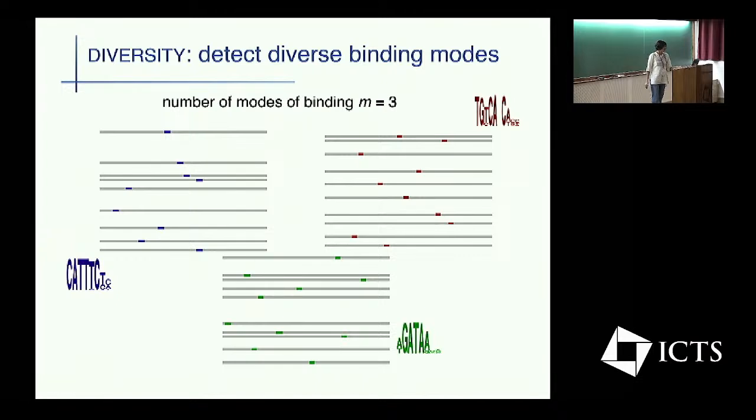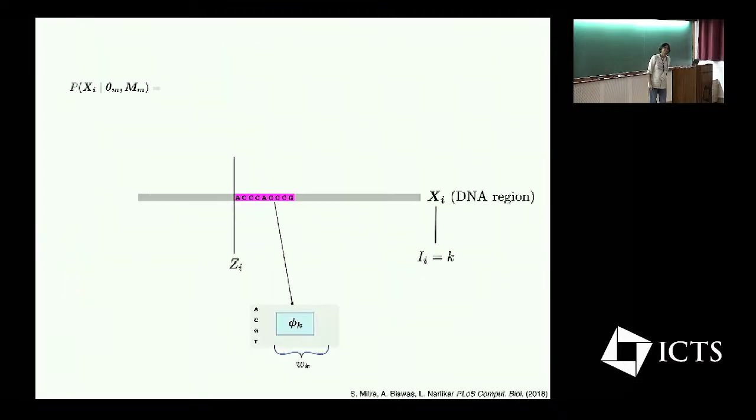Okay, so it's a little hard to imagine, but if you write it down in a probabilistic manner, it's fairly easy. So here you have your DNA sequence. This is the unknown piece, the little piece of binding site. This is the unknown location. This is the motif parameter. You don't know these, but if you did know what they were, and also the mode that it's taking between 1 and m, if you knew everything, you could compute the likelihood of the sequence, of the data.